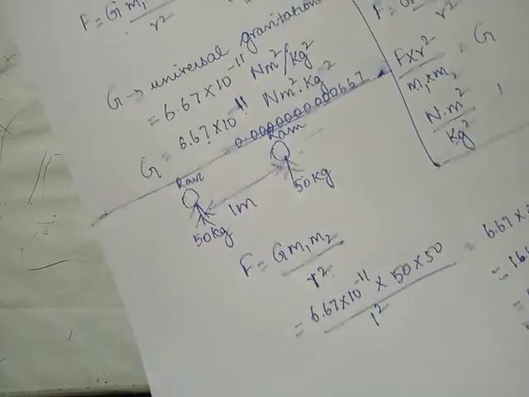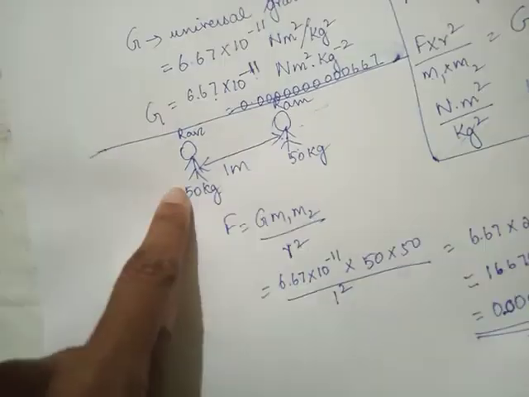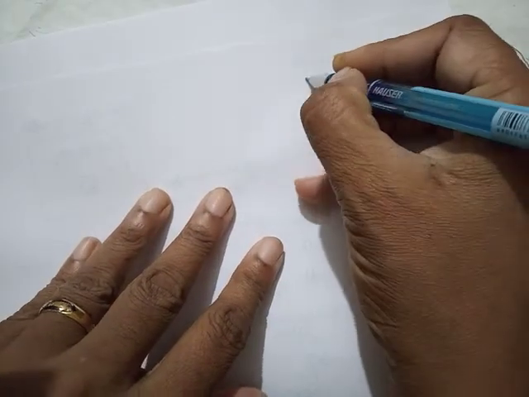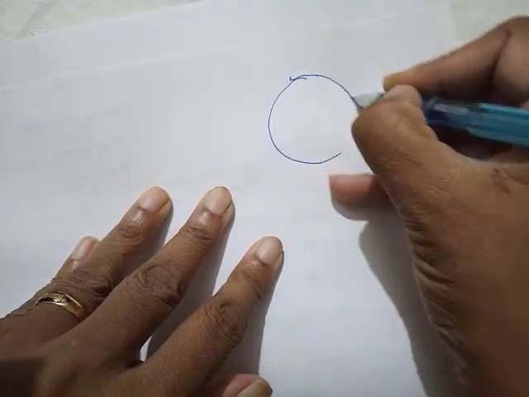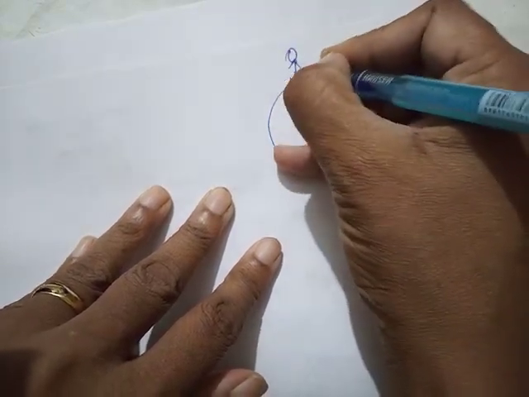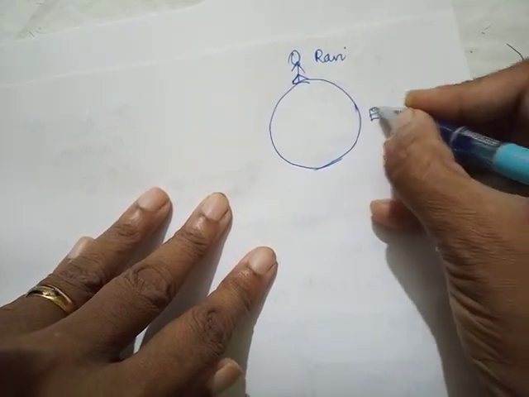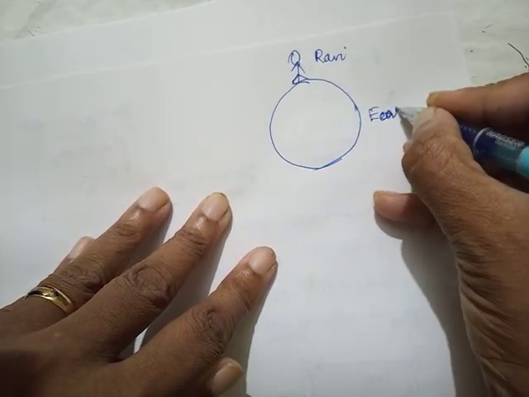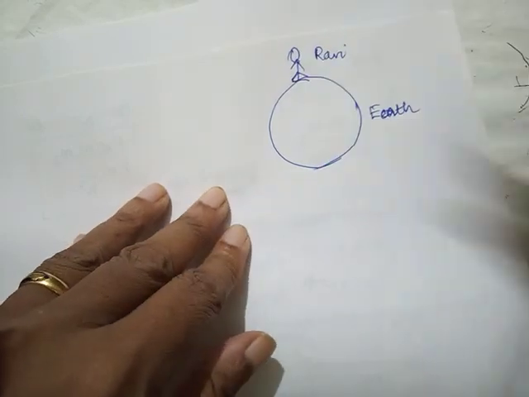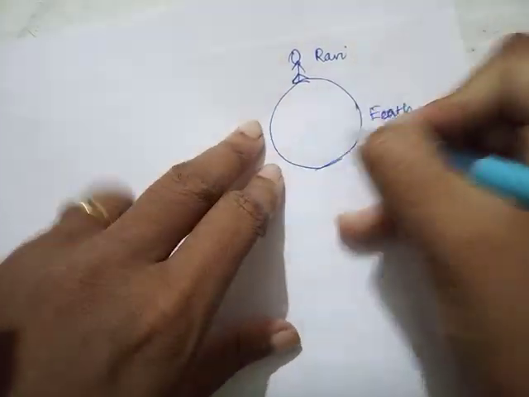Now, the same thing, let us calculate between Ravi and Earth. Now Ravi is standing on the surface of Earth. So this is Ravi. One body is Ravi and the other body is Earth. We are going to calculate the force of attraction between Ravi and Earth.